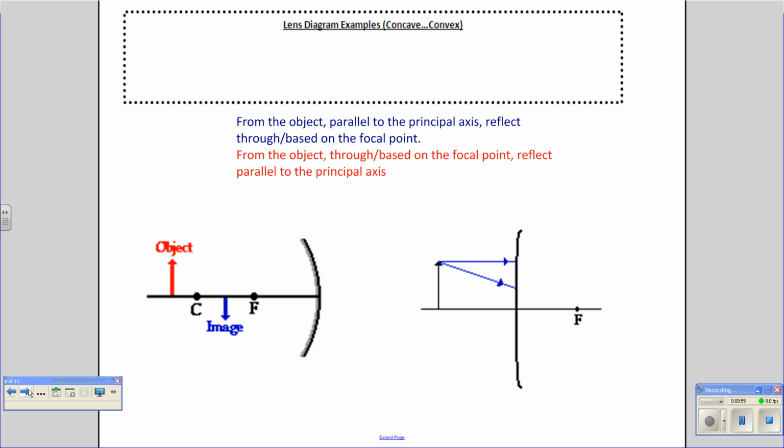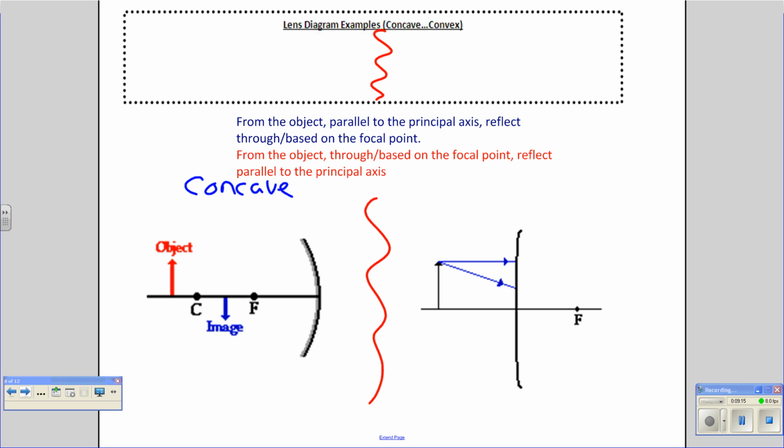All right, so we have two lens diagrams. So we can put a line in between them, and that's these two down here. I just wrote them down here. Let's do number one first. Let's go on the left. We have a concave. All right, it's concave because it makes a cave. It's like you living in a cave.